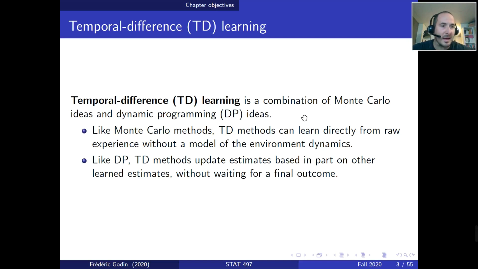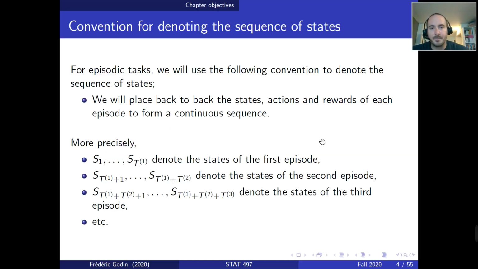We'll make that more precise, but if we recall from chapter 4, our algorithm to learn the value function entailed plugging our current estimate of the value function into the Bellman equation to obtain a new estimate of the value function. And this approach will also be used in the temporal difference learning method. We're going to see that more precisely shortly.